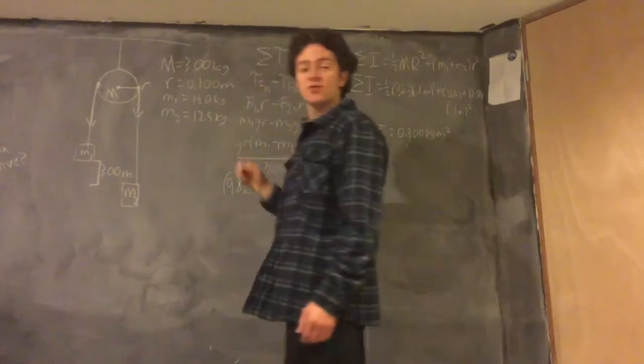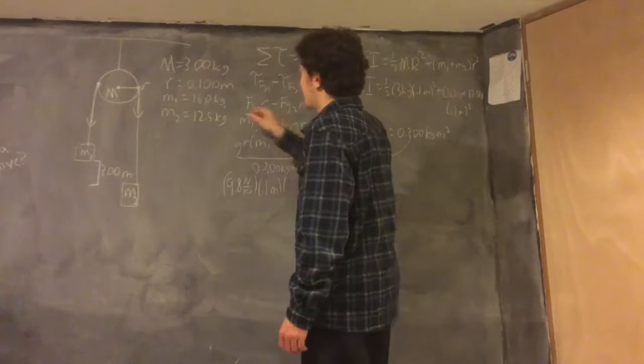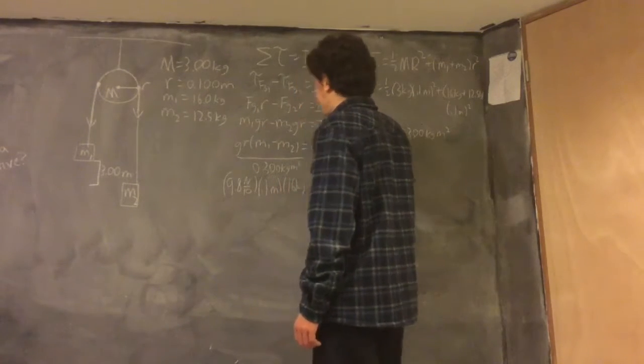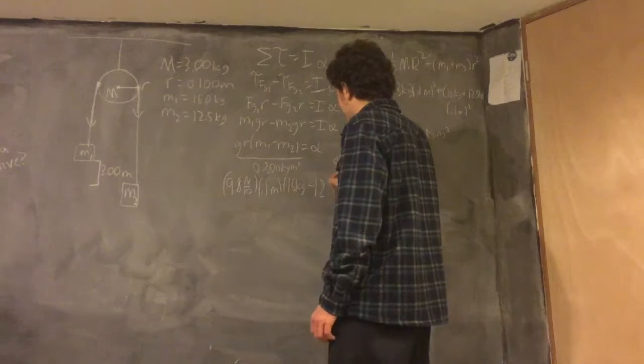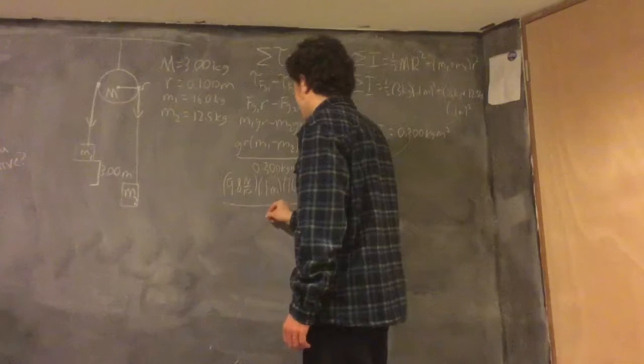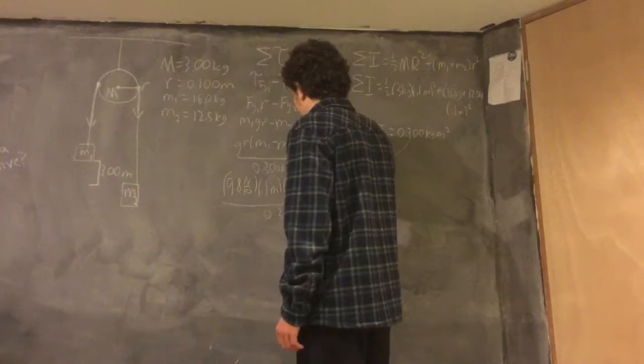The radius again is 0.1 meters. m1 is 16 kilograms. m2 is 12.5 kilograms. And the moment of inertia is 0.3 kilogram meters squared.